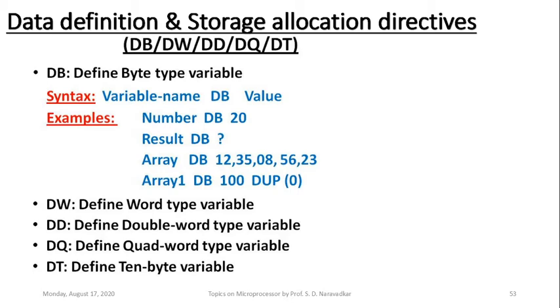Because internal to that NDP 8087, floating point data is normally processed by using an 80-bit temporary real format. And for that 80-bit temporary real format, the variable requires 10 bytes to be reserved there. Okay, so this is all about the data definition and storage allocation directives here.